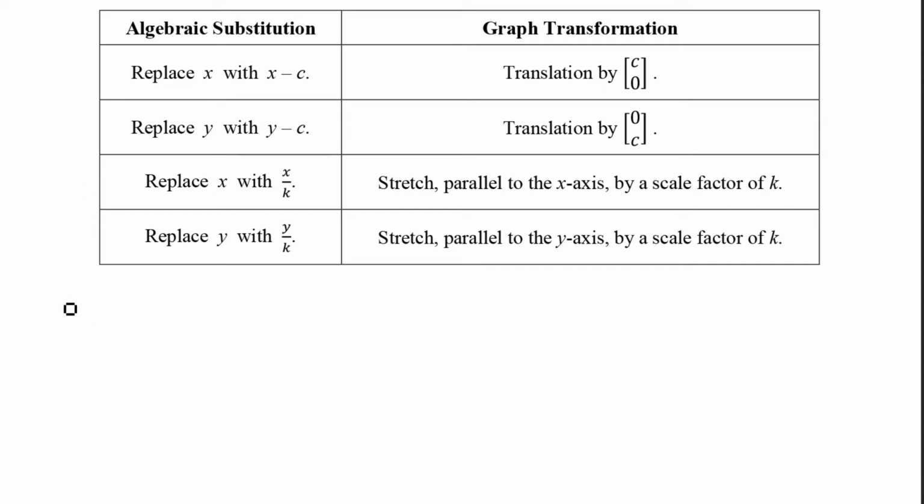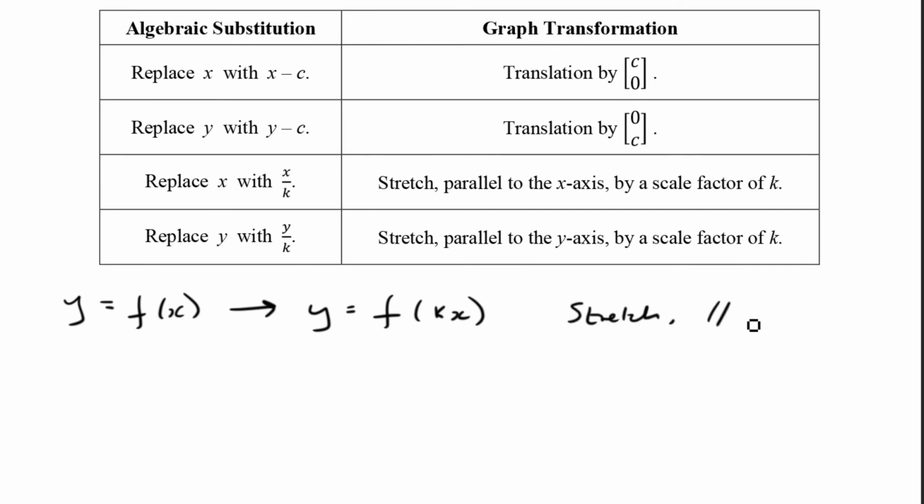The first of our stretch rules is usually explained by saying if you go from y equals f of x to y equals f of kx, then what you have is a stretch, and it is parallel to the x-axis, but it's usually expressed as being of a scale factor of 1 over k. Now that is equivalent to what we've done, but not quite as easy to remember and fit in with the second rule.